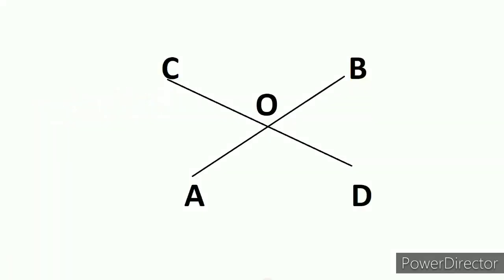The line segments AB and CD meet at point O. So, O is the point of intersection of the 2 line segments AB and CD.